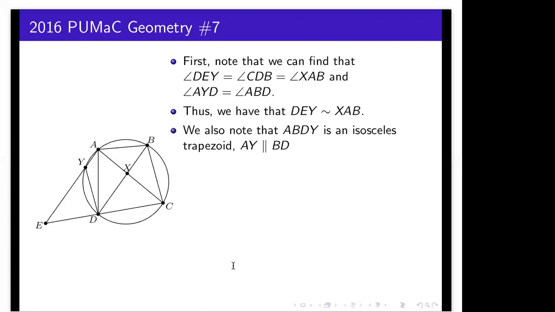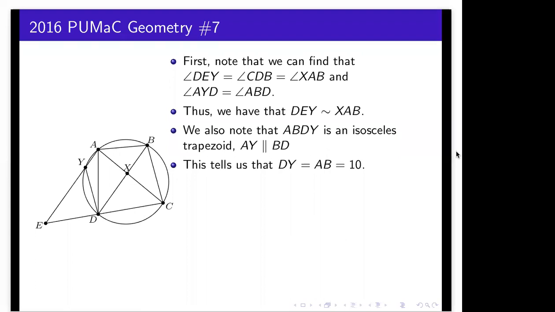So yeah, we have that AB equals YD, or DY, sure. So that's useful, right? Now what do we do?